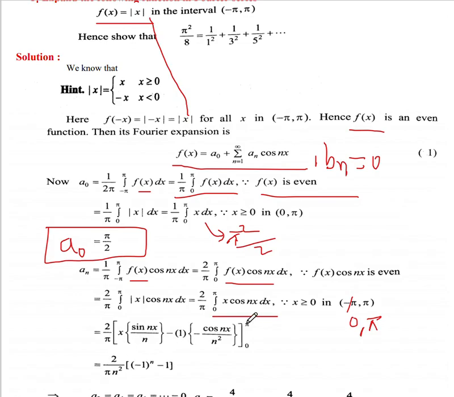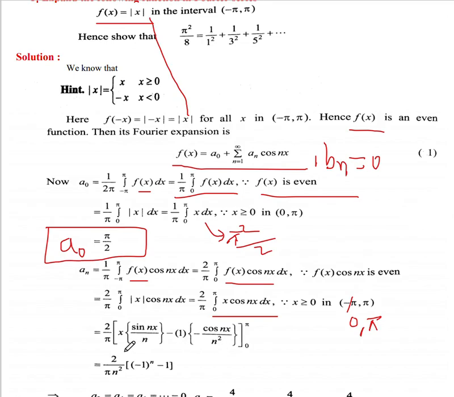Here we will use the product rule: first function into integration of second function, that is sin nx divided by the coefficient of x, minus the integration of the derivative of first function into integration of second function.